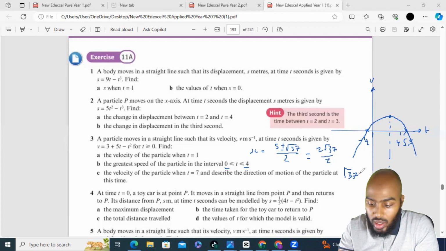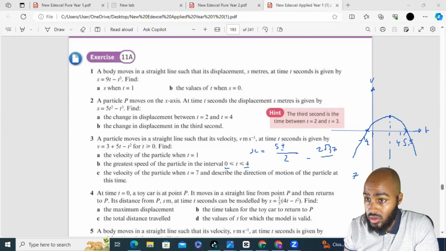I'm going to double check that on my calculator. So we've got 5 plus root 37 all over 2 plus 5 minus root 37 over 2, which just gives us 5. Actually, my bad.